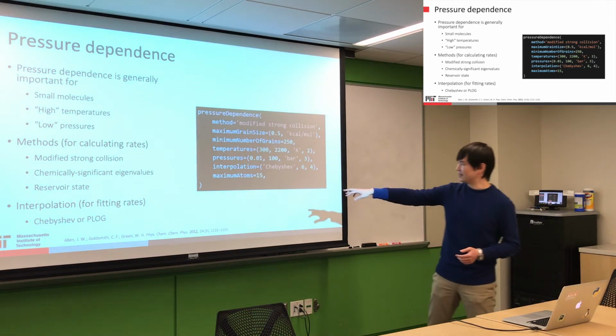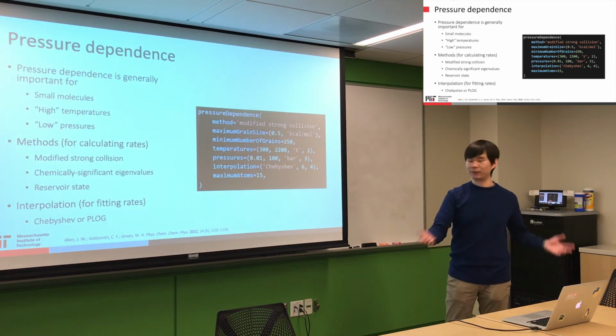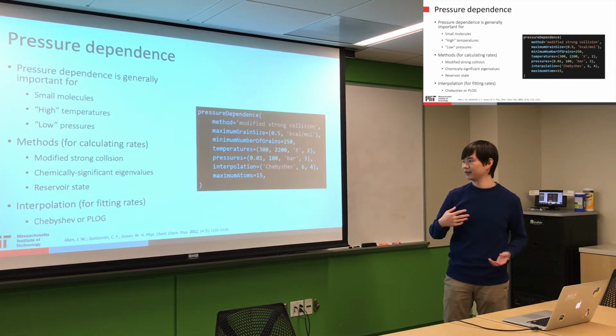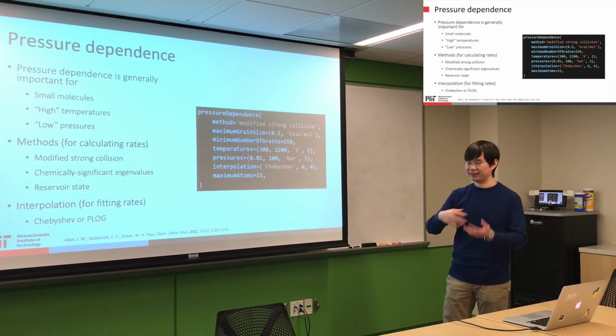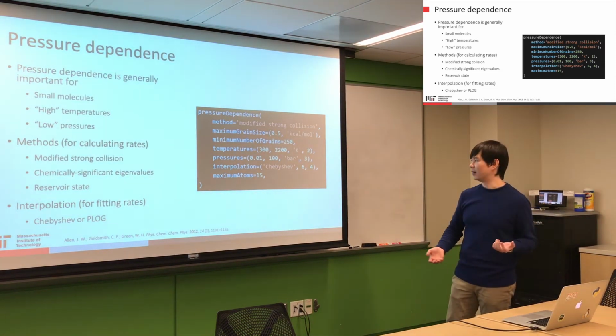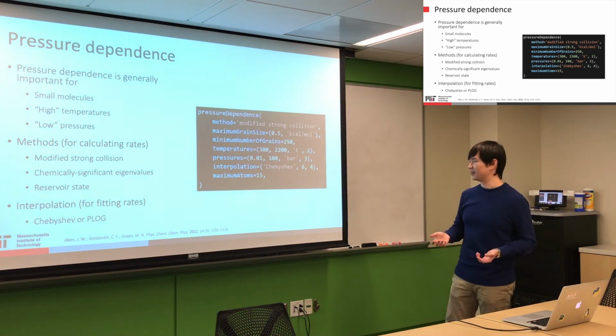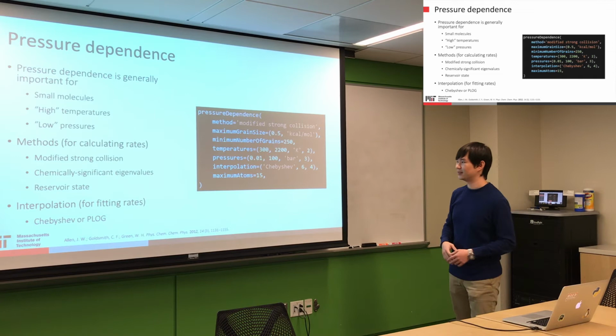And then interpolation refers to how you're actually going to fit rate parameters to the calculated rates. So you're going to have a rate constant that's a function of temperature and pressure. We recommend using Chebyshev, a type of polynomial to fit to the T-P dependent rate.